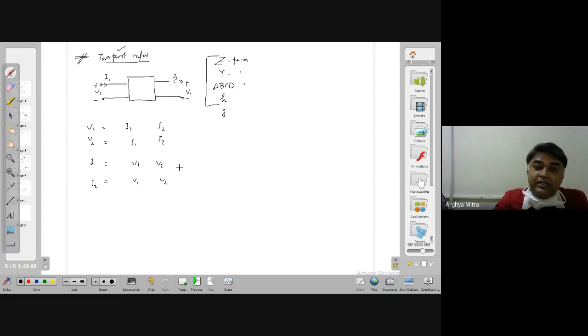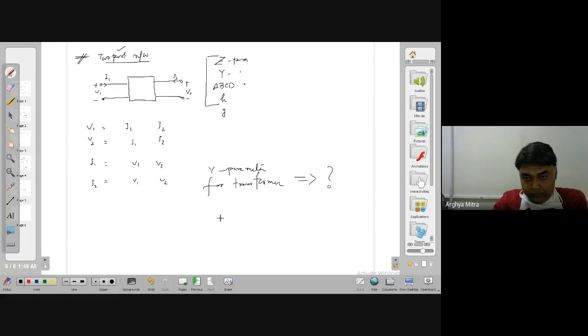So if somebody asks you to find the Y parameter for a transformer, is it possible? It's not. The Y parameter of a transformer doesn't exist. Why so?